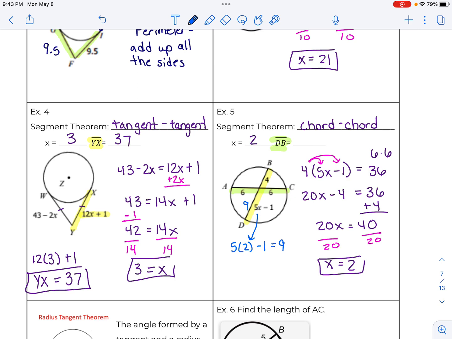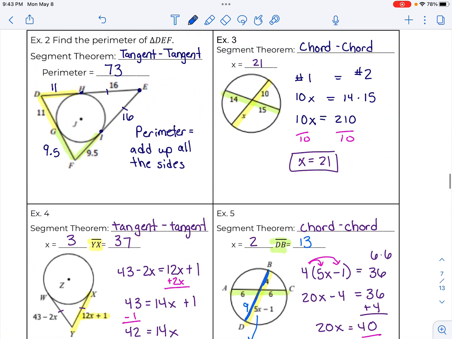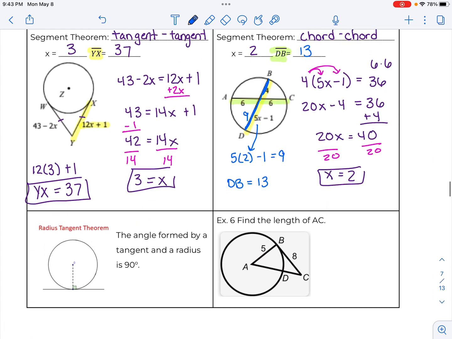But it wants to know the whole length from D to B. So we would add these two numbers together to say dB is going to equal 13. So 9 here plus the 4 there gives us a total length of 13 for dB. Alright, so those are the two examples of tangent and chord.